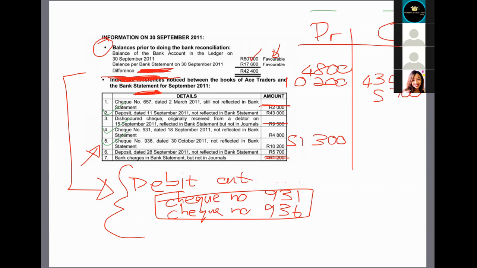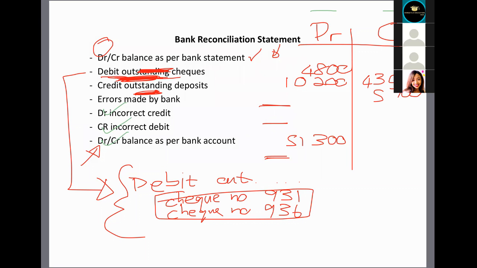So what I credit on my bank statement, I credit on my bank recon because it's more. Remember, we said that it becomes more on my credit side and less on my debit side. So we're going to take that 17,600 there and we're going to credit it. So it's going to be 17,600.